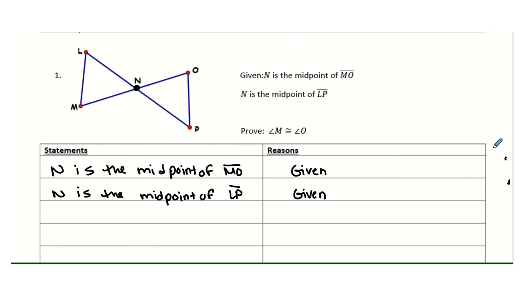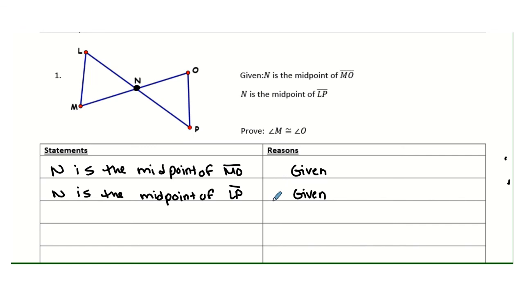So last problem. Here I have two triangles, and my given statement is that N is the midpoint of MO, so this point right here is exactly in the middle of M and O, and that N is also the midpoint of LP, so N is exactly in the middle of L and P. So those are our given statements.